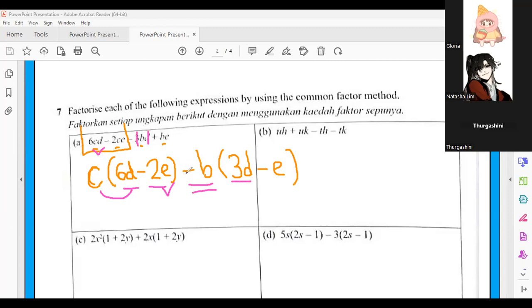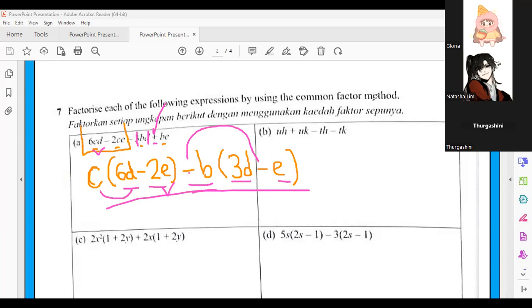And then negative times negative, I'll get positive. I must think, when I expand back the bracket, it will become a positive. So I took out my B, so we are left with E. Can you see that? So this is how it looks like when you take out one part and another part.